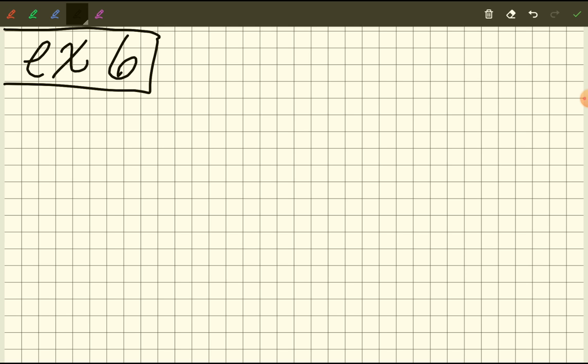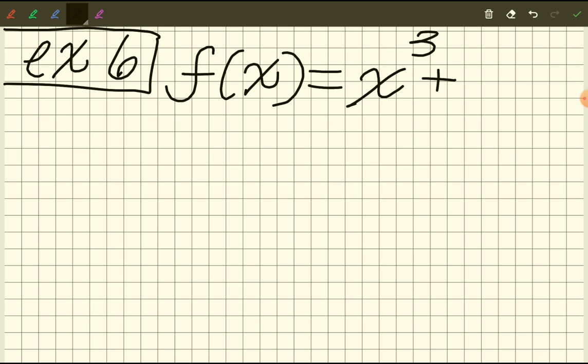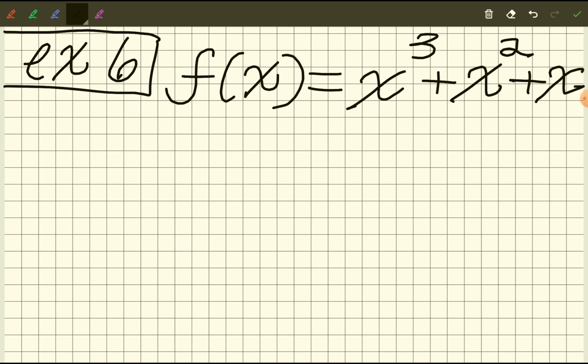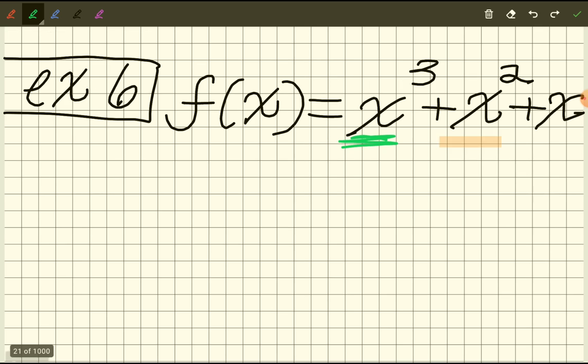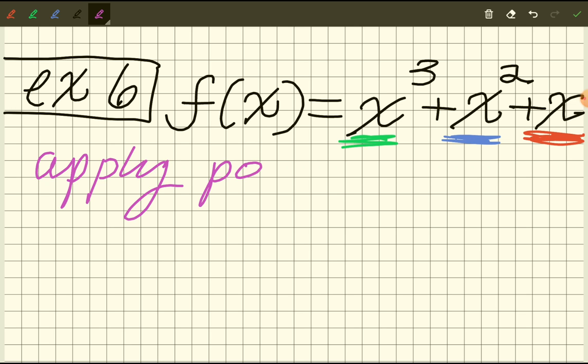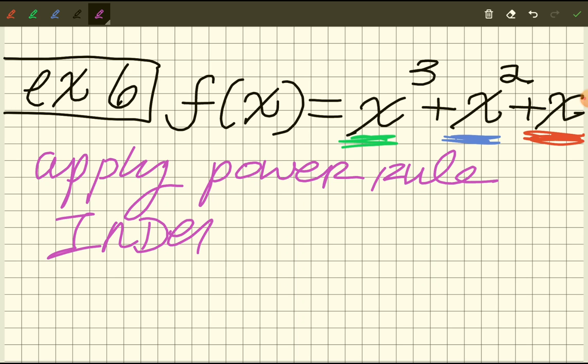Example 6. Say I have a function f of x, and I have x cubed plus x squared plus x. So 3 terms: x cubed, x squared, and x. I'm going to apply the power rule independently on each term.